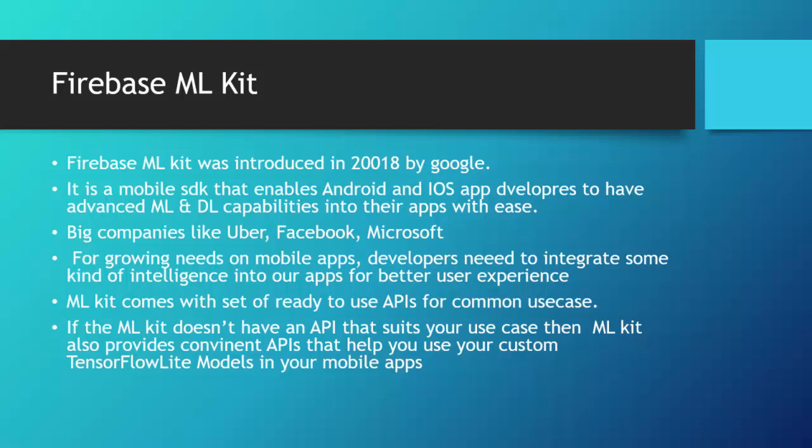Using TensorFlow Lite, your required model will be deployed here, like how we use TensorFlow on GPUs. TensorFlow Lite is customized for mobiles. What are the different series of ML Kit available? What are the APIs available in ML Kit? We will discuss in the next slide.